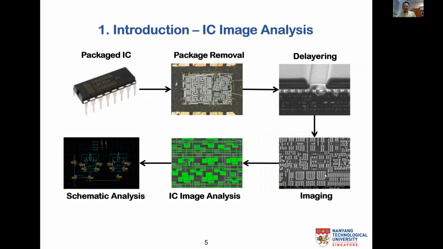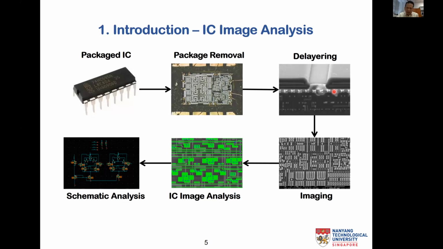So you look at the IC image analysis, it starts from the package IC and then you move on. Let me show you the pointer. From the package IC, you go on to remove the package, and this step we usually call decap of IC. Subsequently, as you know, the IC usually has 12 layers or even more, from the substrate, polysilicon, all the way to metal 1, metal 2, metal 3, metal 4, all the way to metal 10.